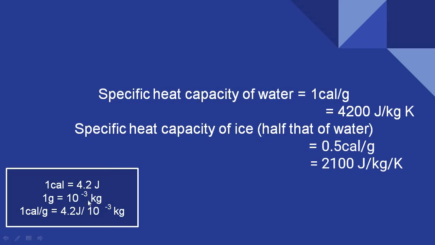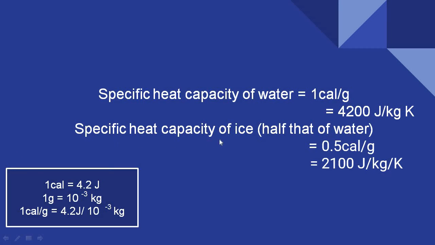And 1 gram is 10 raised to minus 3 kilogram. So, this 1 calorie per gram you can write as 4.2 joule by 10 raised to minus 3 kilogram, and this will be going upside. So, it will be 4.2 times 10 raised to 3. So, it will be 4200 joule per kilogram. Okay.